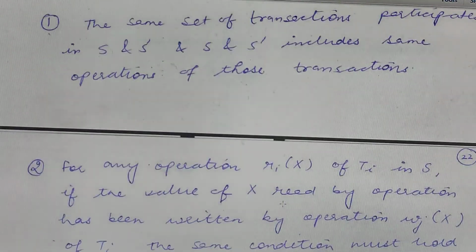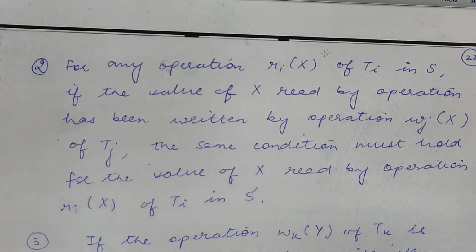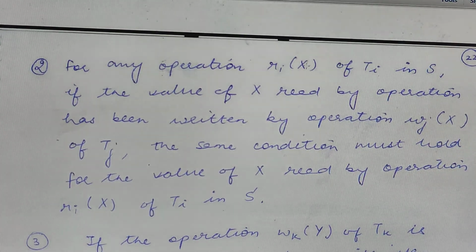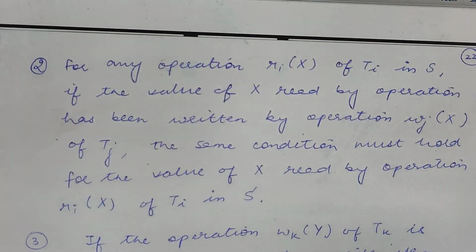The second condition is, for any read operation Ri by transaction Ti on data item X in S, if the value of X read by the operation has been written by operation Wj of Tj, the same condition must hold in S dash. What it simply means is, suppose in schedule S, transaction Ti is reading a value of data item X that is written by transaction Tj, right?